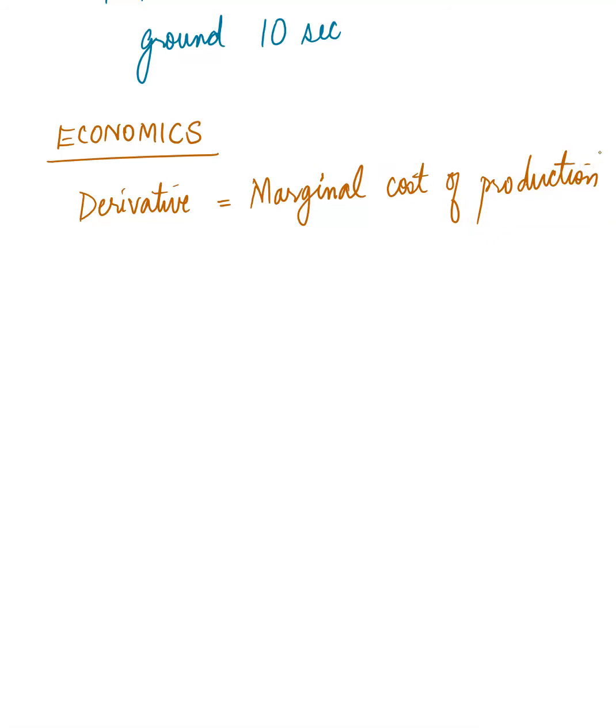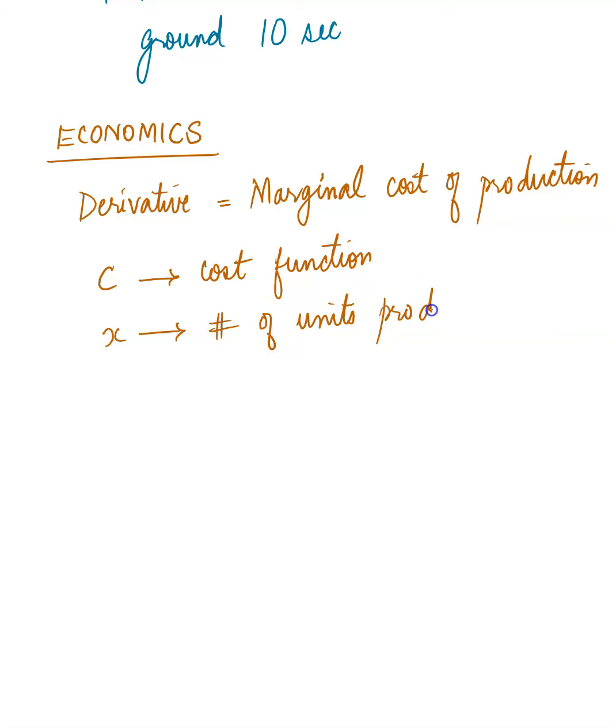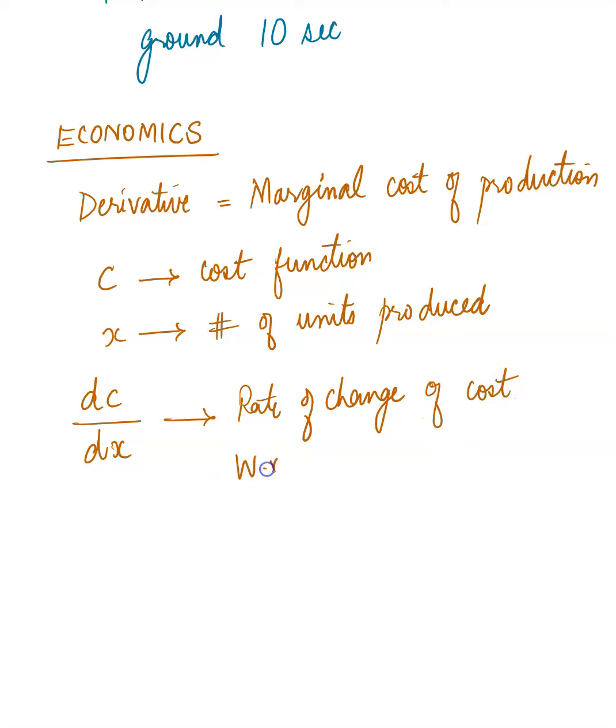When it comes to the cost of producing units, okay. So if C is considered the cost function, and let's say X refers to the number of units produced, we notice that if you took the derivative of cost with respect to the number of units produced, which is dC over dx, it refers to the rate of change of cost with respect to the level of production.